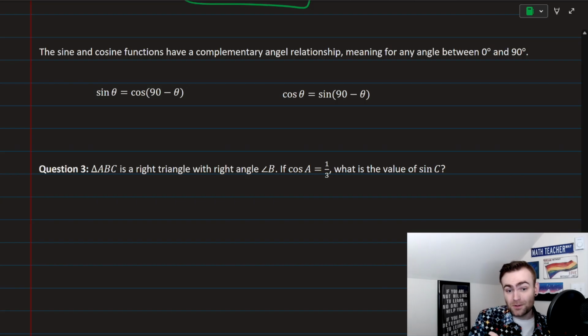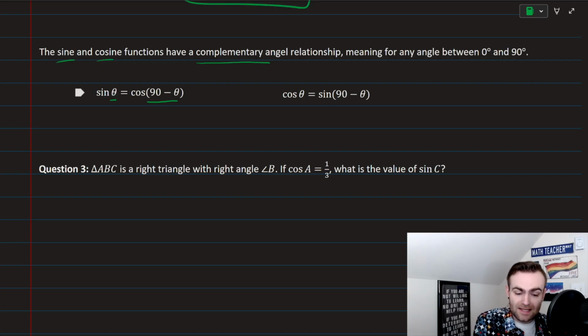The last thing we're going to talk about for our right triangle trigonometry is the fact that the sine and cosine have a complementary relationship. That's actually what the co from cosine stands for, complementary sine. So basically what that means is that if the angles for sine and cosine are complementary, meaning they add to 90 degrees, then the sine and cosine are going to be the same.